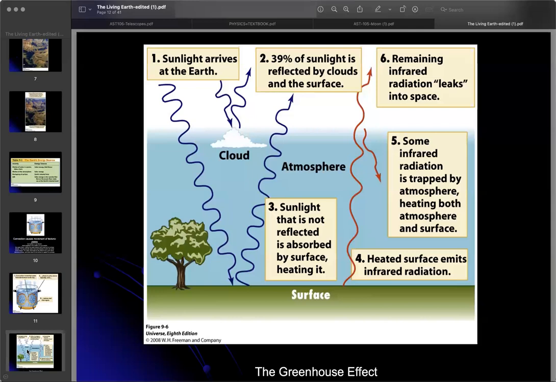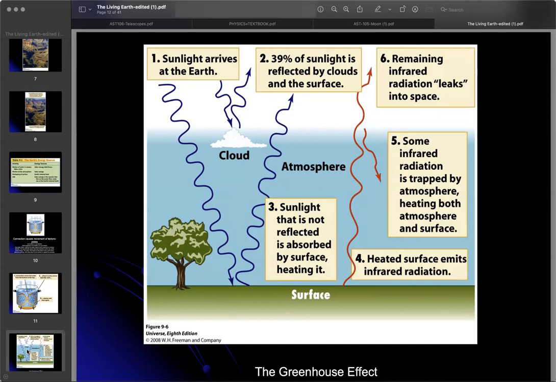However, when the surface is emitting the heat, because the surface is not so hot, it emits the heat in the form of long wavelengths. The water vapor and carbon dioxide in the atmosphere actually make the atmosphere opaque to the long wavelength infrared light.